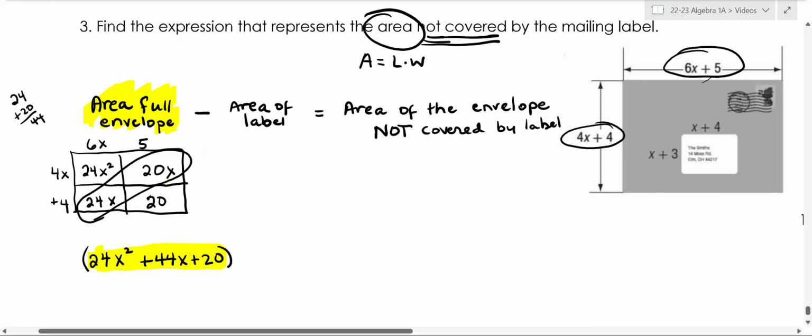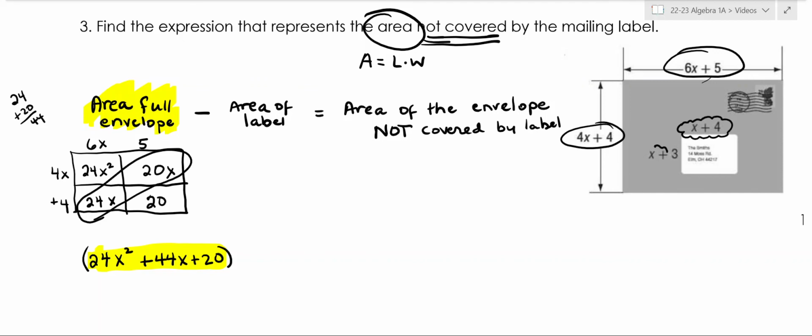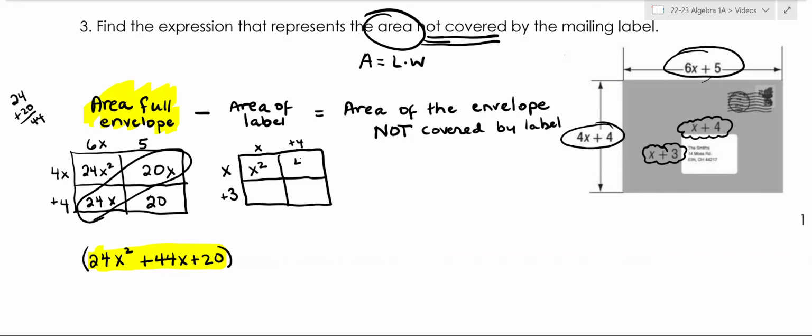Notice the parentheses. I'm doing that on purpose. And so we need to subtract the area of the label. Now the label is given by this length and that width. Ready to multiply again? All right, x plus 3 and x plus 4. x times x, x squared. x times 4, 4x. 3 times x, 3x. 3 times 4, 12.